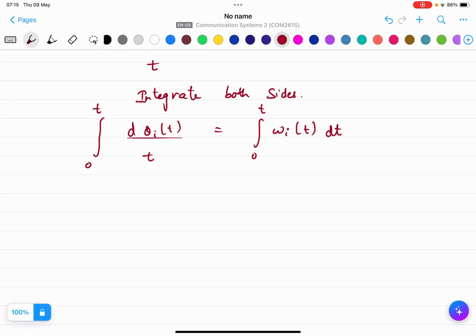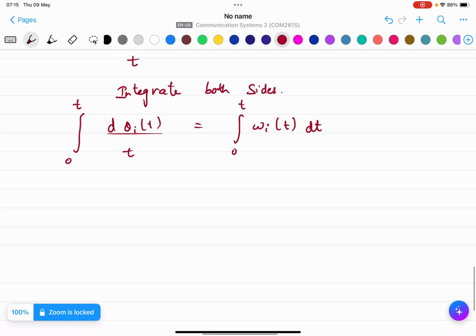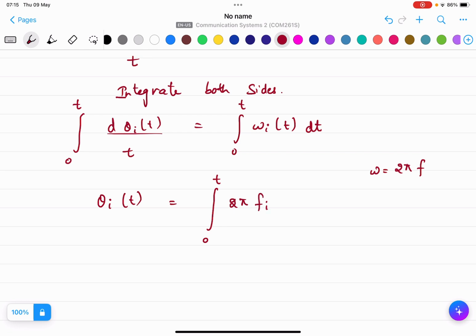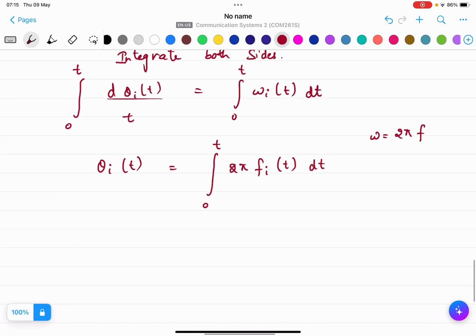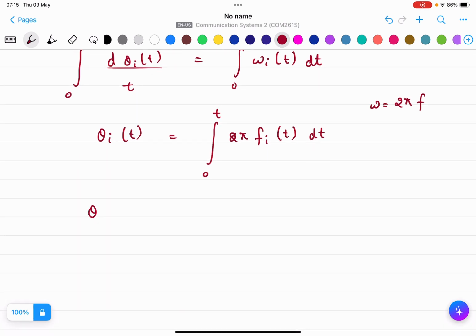So if I integrate this in time interval t, then it will give me simply theta i(t), right? Now to integrate this, we all know omega equals 2 pi f, right? So in place of this omega i(t), can I write 2 pi f i(t) dt? Can I write it like this? Okay, now theta i(t) equals integral from 0 to t of 2 pi.